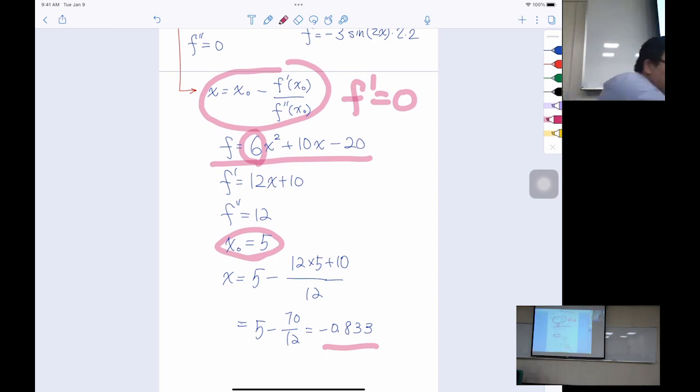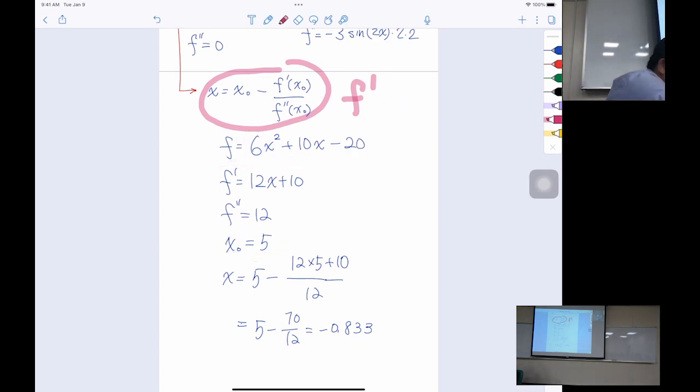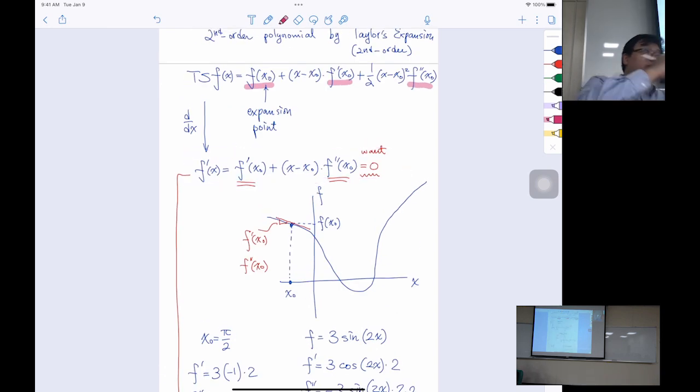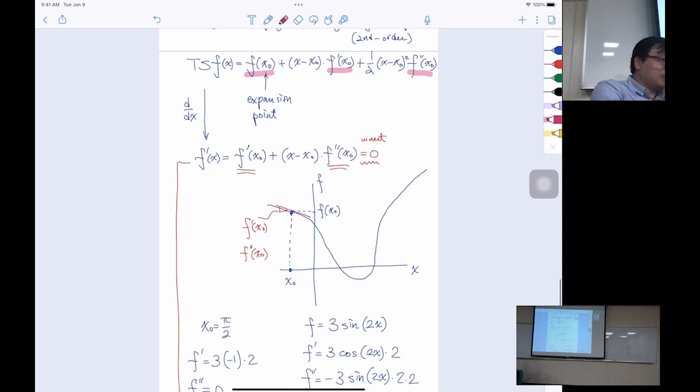So how does this help us? With this, we can only find the minimum point of a second order function. But in real life, the function we are trying to find the optimum of may not be a second order function, may not be a second order polynomial.